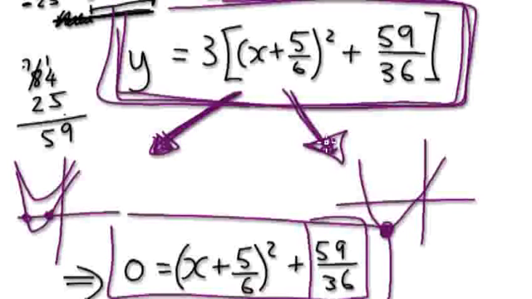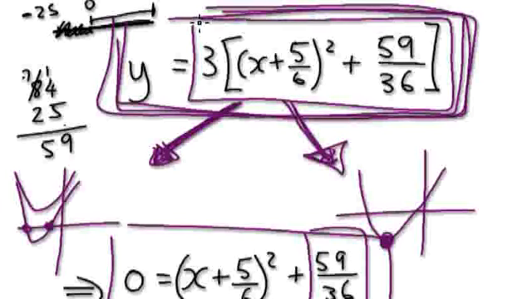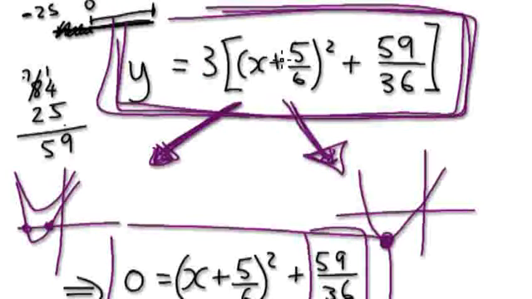So the next step is to ask yourself, what is the smallest value that y could be? You basically want to find a value of x where this whole thing is at its smallest. Concentrate on making this the smallest possible, because this number 3 doesn't really change.